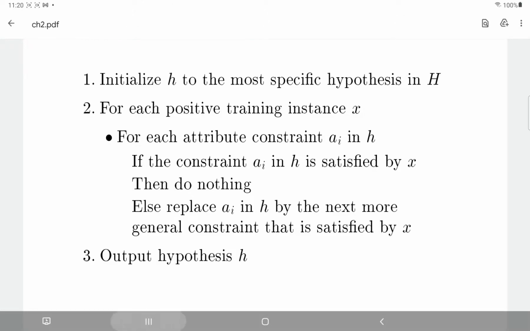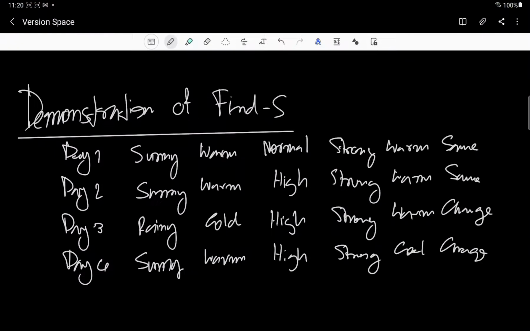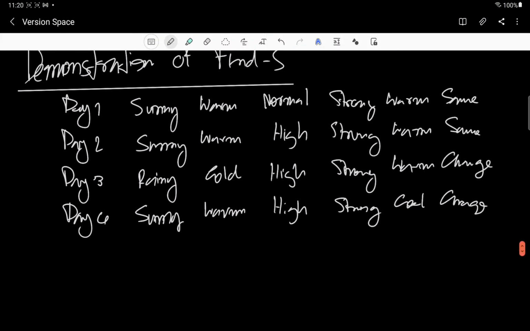So the way that we can do it, let's look at this. We start with a hypothesis S. We start with the most specific one, that is the null hypothesis, that we have 6 of them, right? Next, look at this.